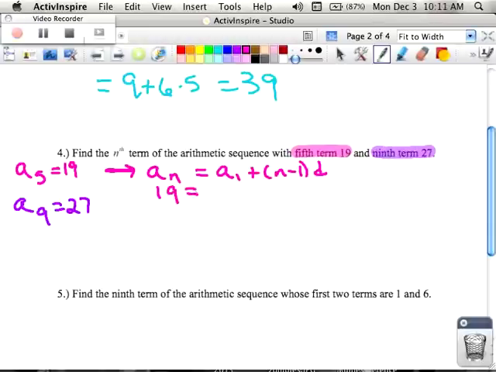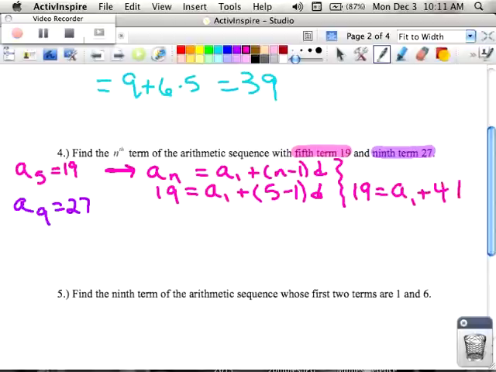And that was equal to the first term, which I don't know, plus, they told me it was the 5th term, times the common difference. So that's information I gathered from the pink information. So I know that 19 equals a1 plus 4d.